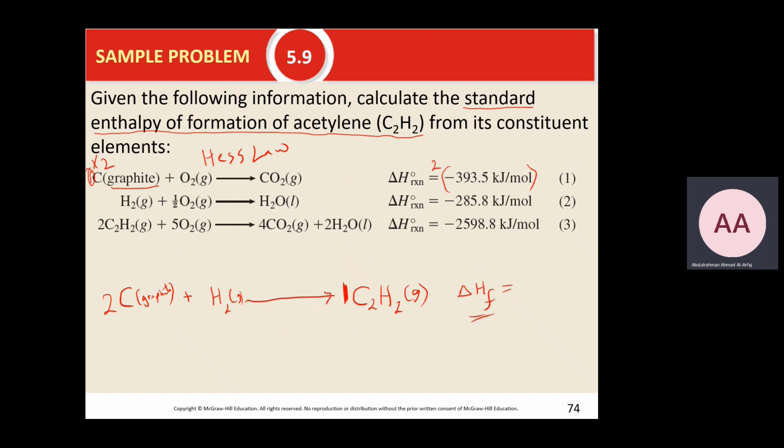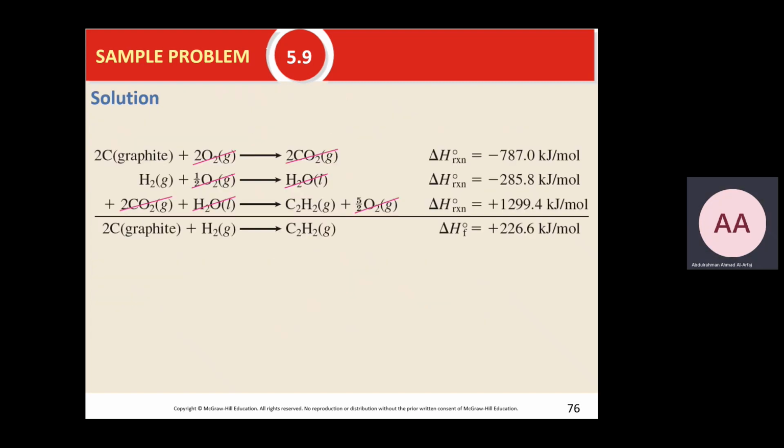I will keep it as it is, because I want hydrogen here, it's also hydrogen here. Okay, how about the third equation? Reverse and divide by 2, because I don't want the 2 here. I will reverse the equation and divide by 2. And if you do that, you will be able to get these equations and you can calculate.